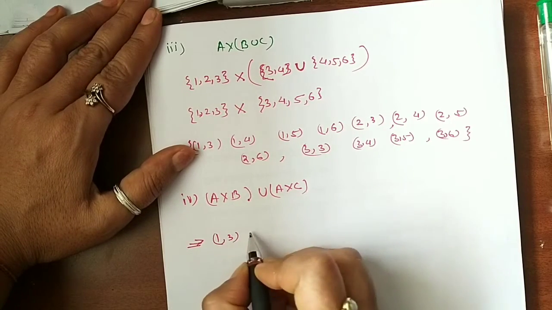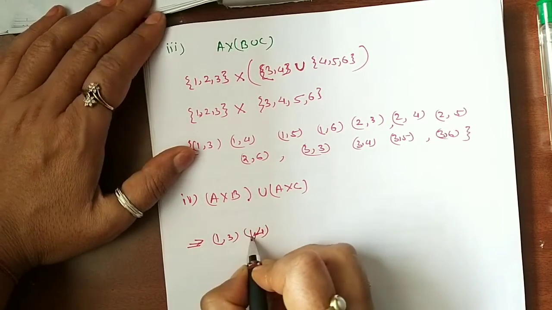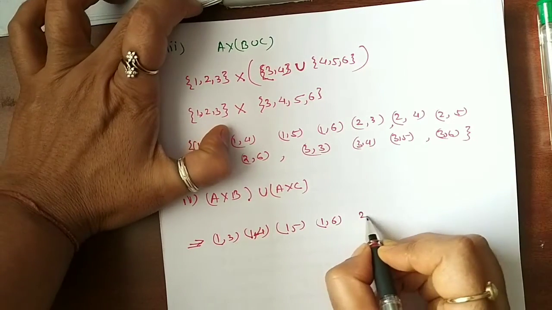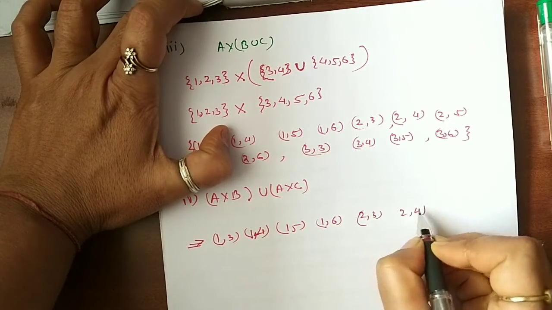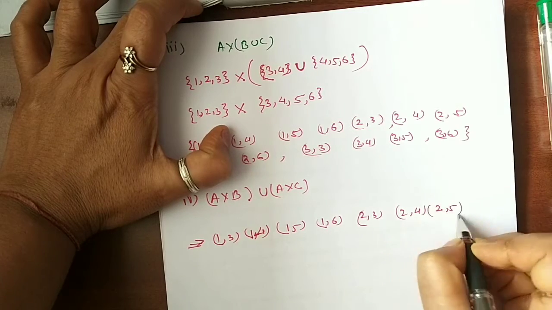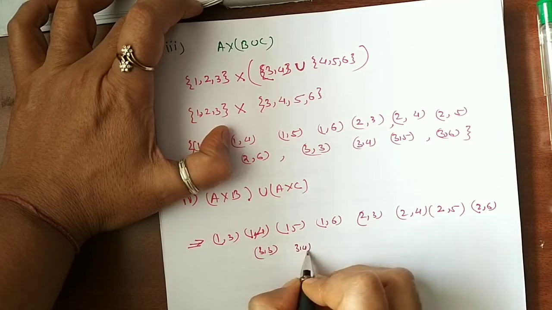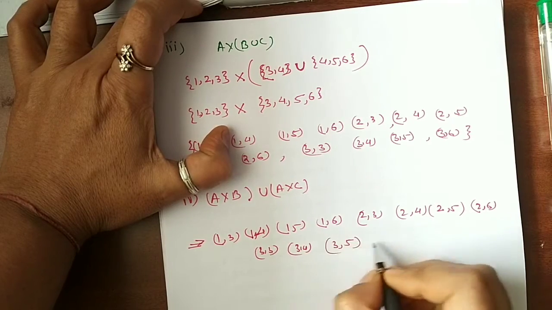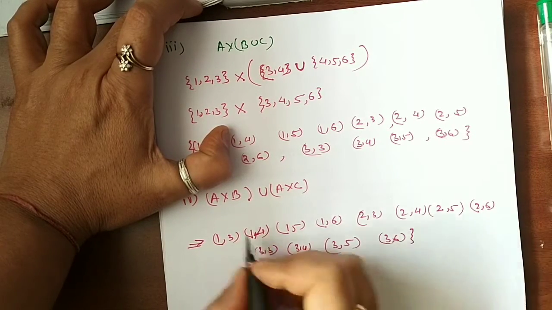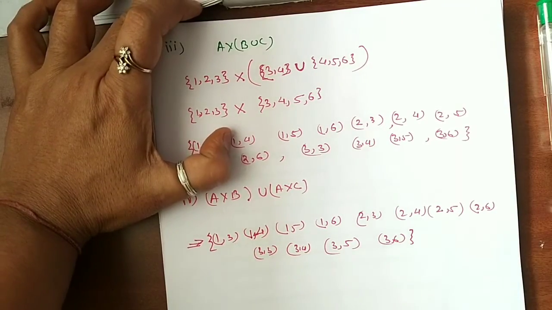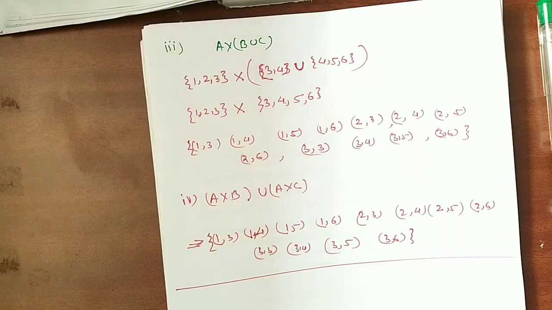It will be (1,3), (1,4), (1,5), (1,6), (2,3), (2,4), (2,5), (2,6), (3,3), (3,4), (3,5) and (3,6). This is the fourth answer. Let's do one more example.